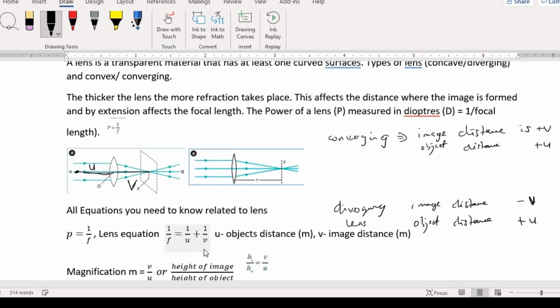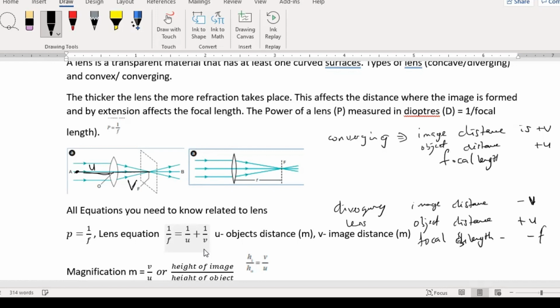The focal length for the diverging lens is going to be negative as well. I'll just confirm quickly on something, but the focal length for sure is going to be negative. So it's going to be negative f for a diverging lens. For the converging lens, the focal length is positive.